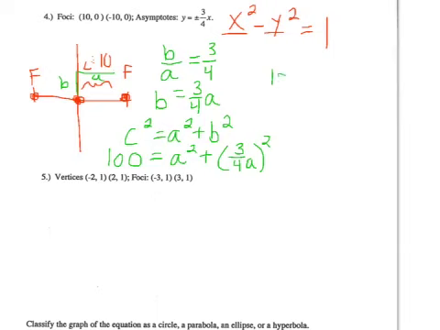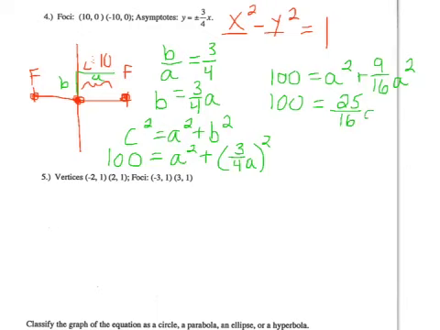So now we know that 100 equals a squared plus 9/16 a squared. And if you combine like terms, a squared is really 16/16 a squared, so that would be 25/16 a squared.